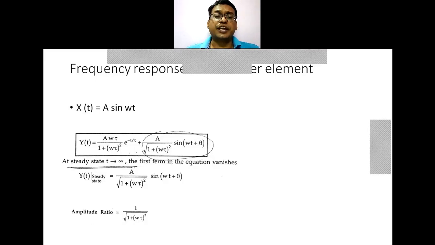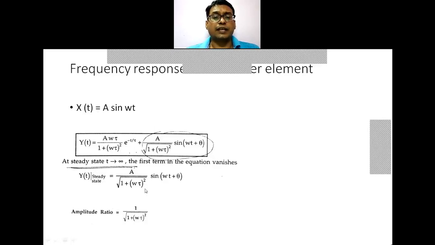Then at steady state, that means t tending to infinity, the first term will change to 0 and the remaining term will be only A upon under root of 1 plus omega tau square sine of omega t plus theta. And we have calculated the amplitude ratio, that is nothing but the output amplitude upon the input amplitude, where A will get cancelled.